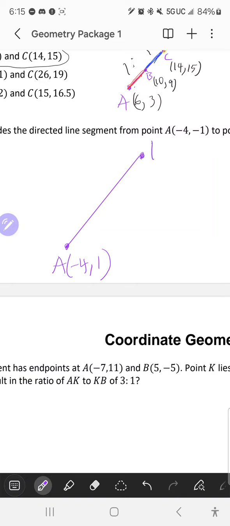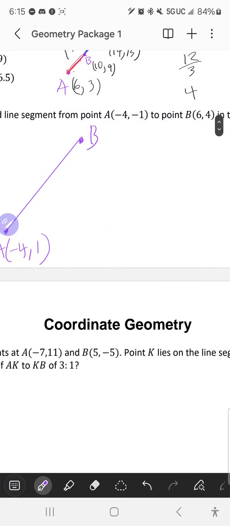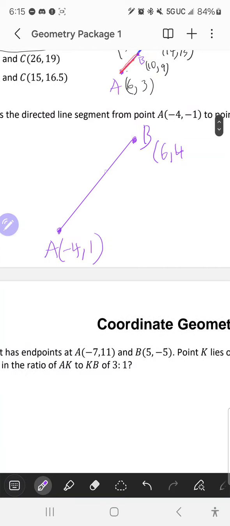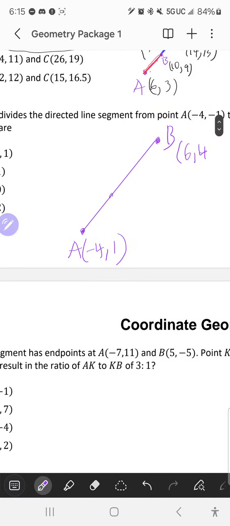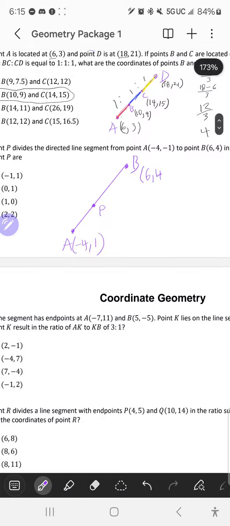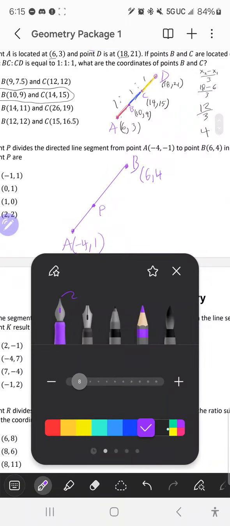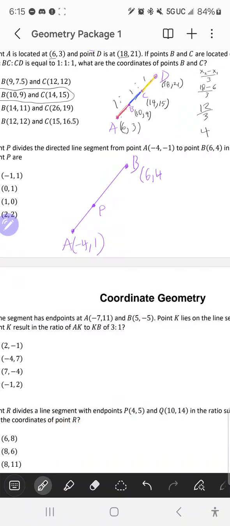This is going to be point B at 6, 4. And somewhere here, it's going to be point P. Now, the only thing we know now is that the ratio is 2 to 3.